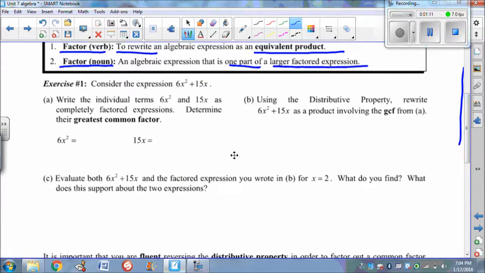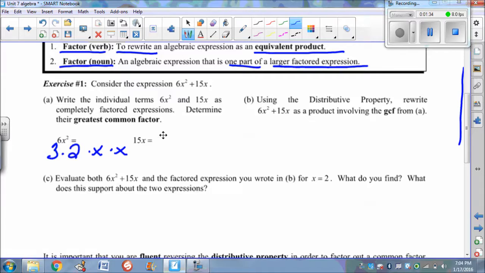So let's take a look at example 1. It says, consider the expression. We've got this binomial here, and we've written it into 2 expressions, and now we're going to factor these. Essentially it's like we're going to do a factor tree, but we're not going to make it a tree. So we know that 6 is made up of 3 times 2, and x squared is made up of x times x.